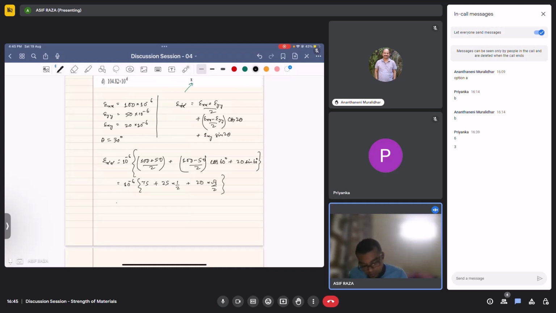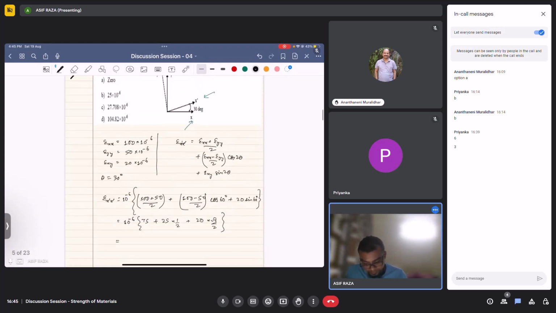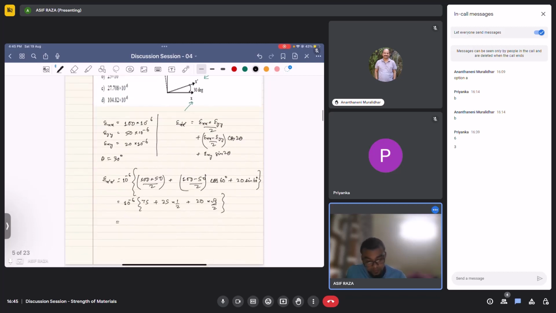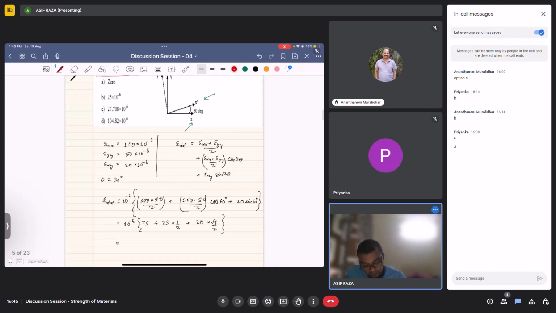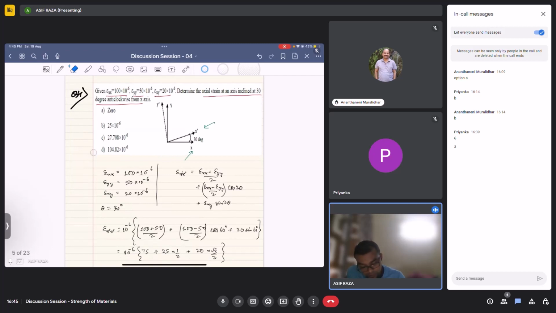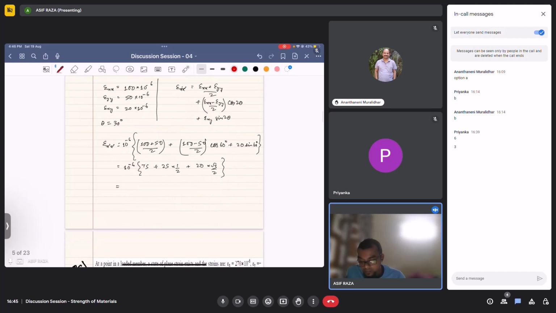From the options themselves, we can see that this would be greater than 75 into 10 to the power minus 6, and out of all four options, only option D is greater than 75 into 10 to the power minus 6. Anyway, let's calculate it. 75 plus 12.5 plus 10 root 3.